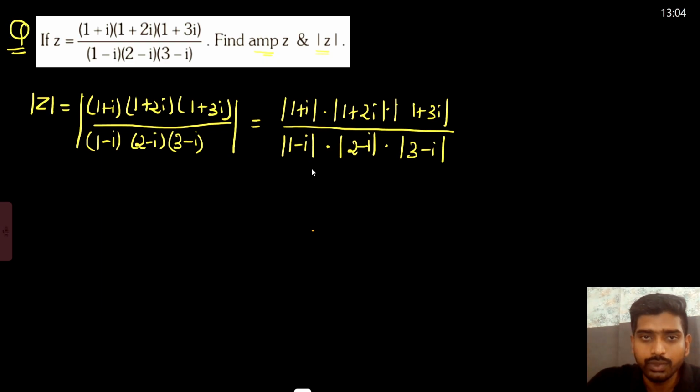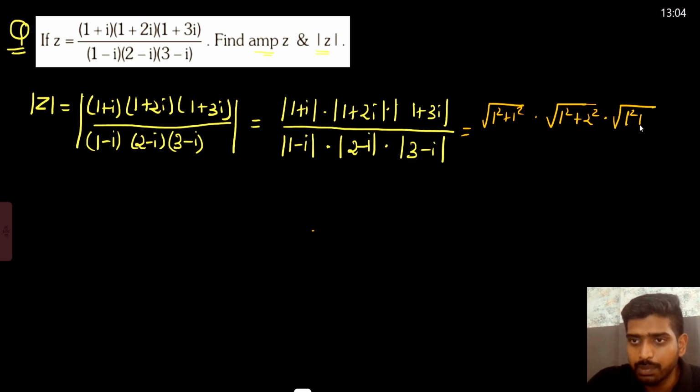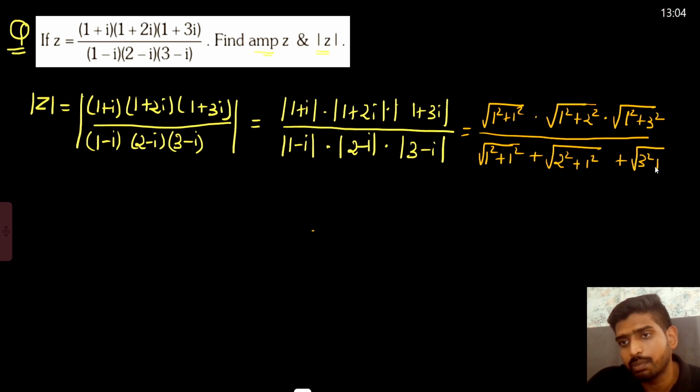Now the modulus of 1 plus iota is under root of real part squared plus imaginary part squared. So here we'll get under root of 1 square plus 1 square, multiplied by under root of 1 square plus 2 square, multiplied by under root of 1 square plus 3 square, divided by under root of the modulus of 1 minus iota, which is again 1 square plus minus 1 square, plus under root of 2 square plus 1 square, plus under root of 3 square plus 1 square.